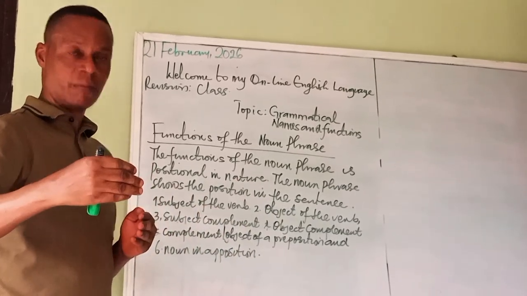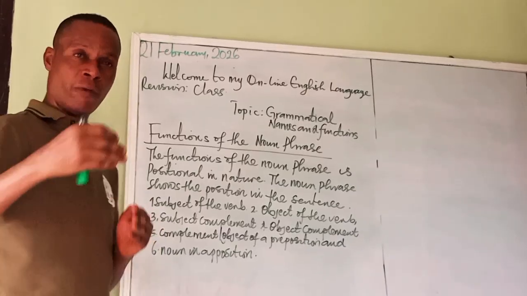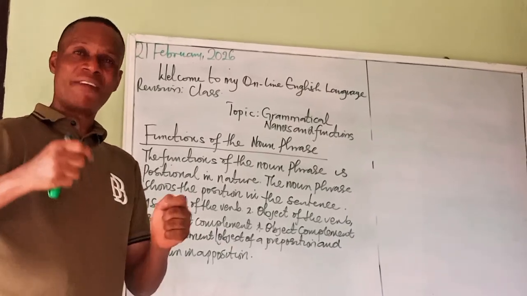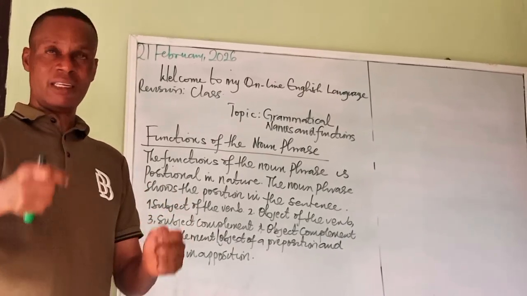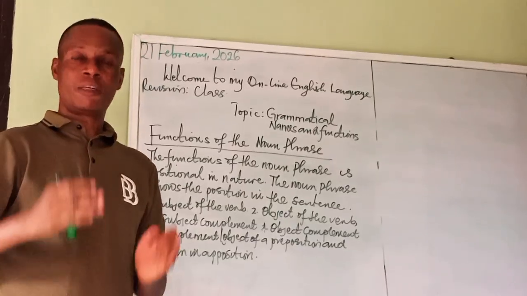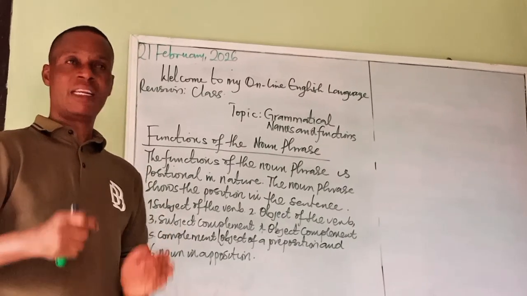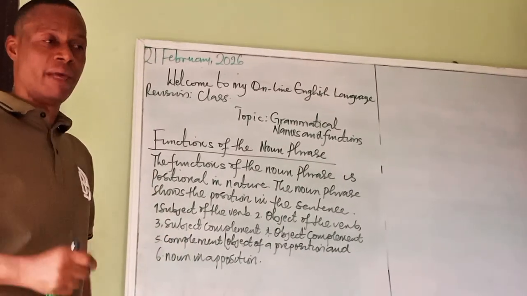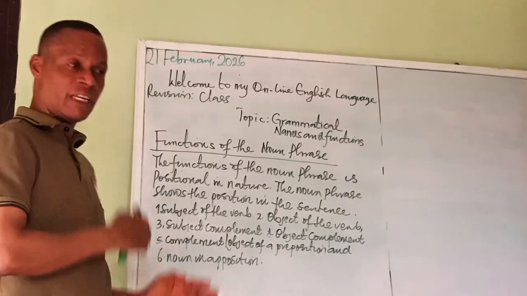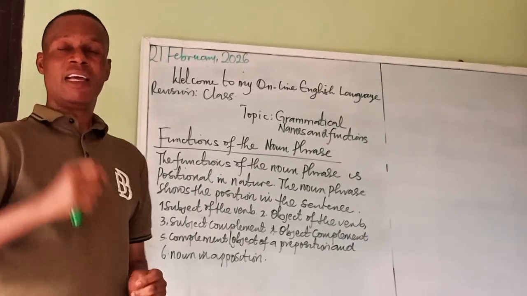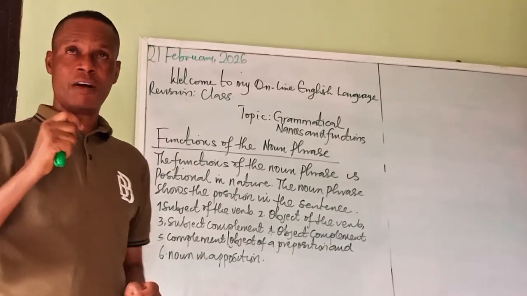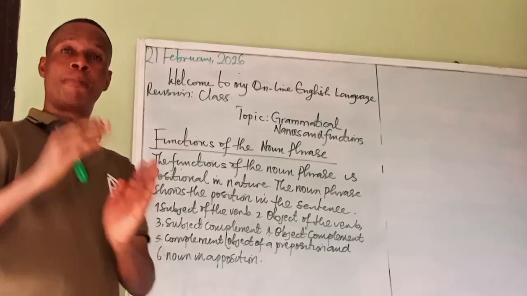So it's that group of words that is carrying out the action of the verb. If it is the subject, it will be in the subject position. Don't forget I said that noun functions are actually positional.